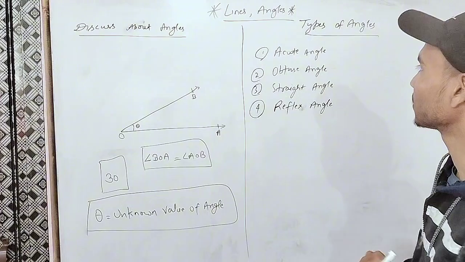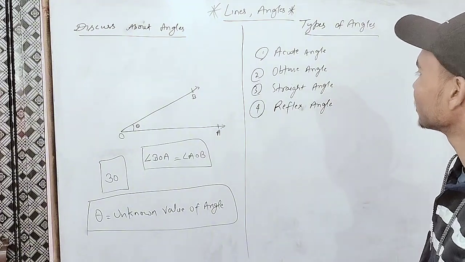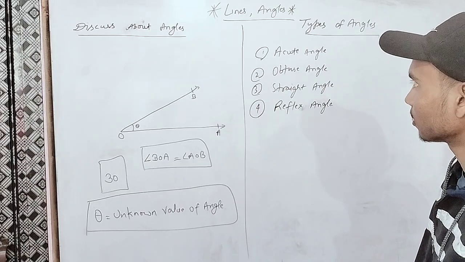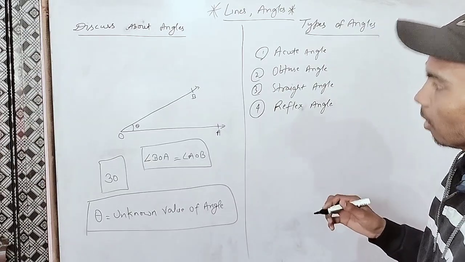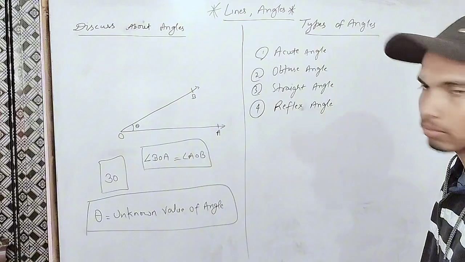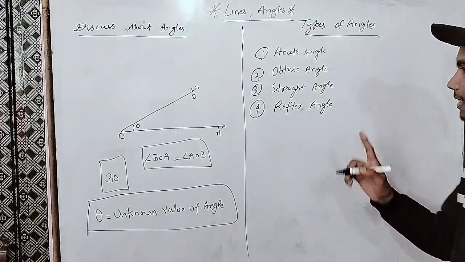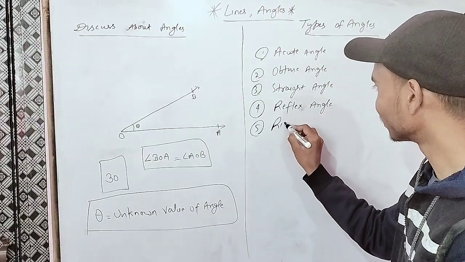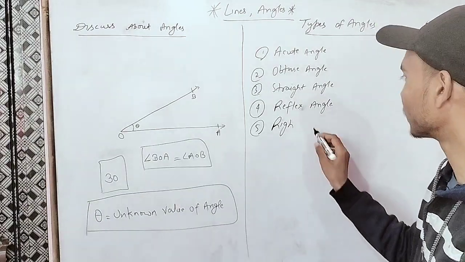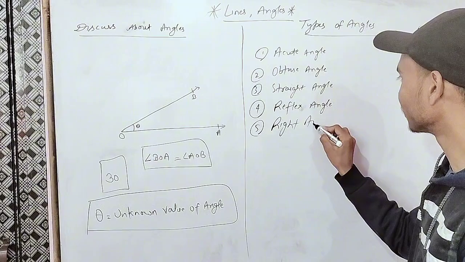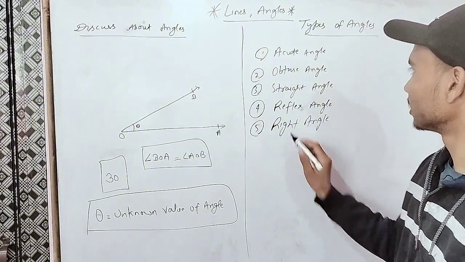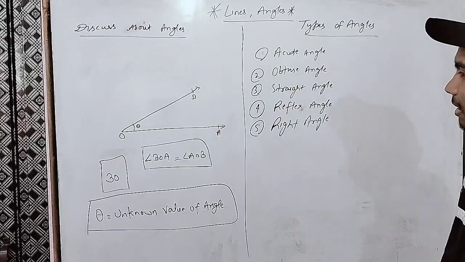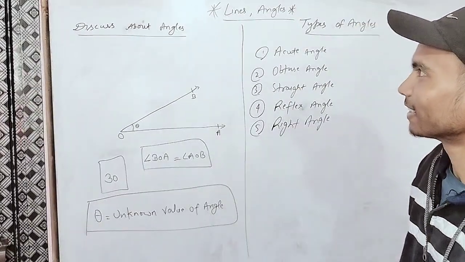What is the meaning of acute, obtuse, straight, reflex? Don't worry, we will break it down in detail. And fifth, right angle, which is very famous in mathematics. So should we start to define them in detail?